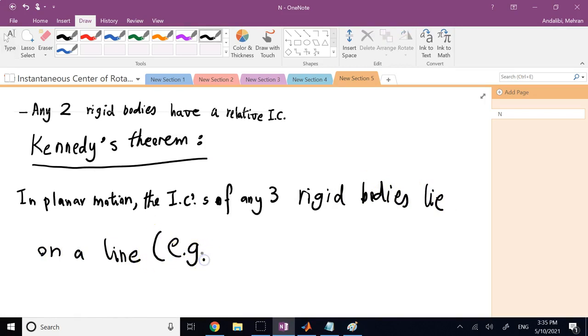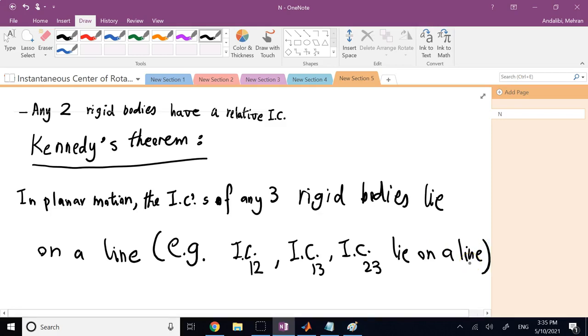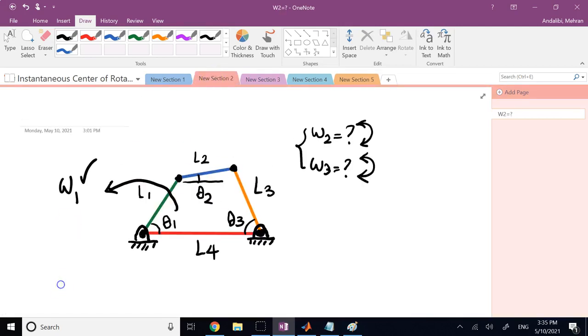For example, if you have rigid bodies 1, 2, and 3, then the instantaneous center of objects 1 and 2, the instantaneous center of objects 1 and 3, and the instantaneous center of objects 2 and 3, they all lie on a line. All these three would lie on the same line, okay? And we use this to help us a lot. Let me show you how that would help us in this problem.